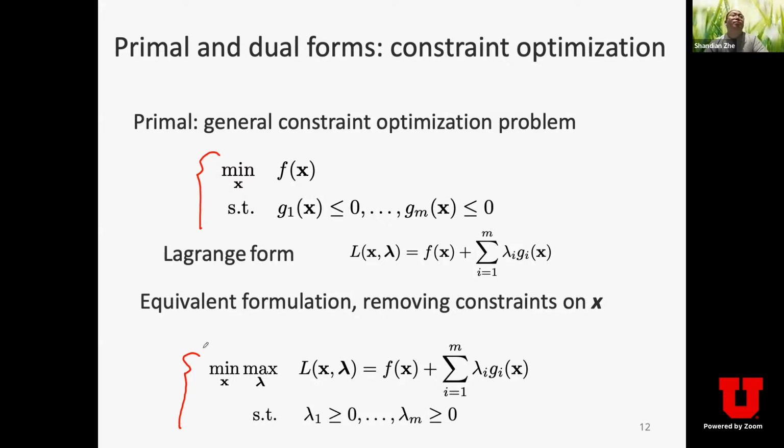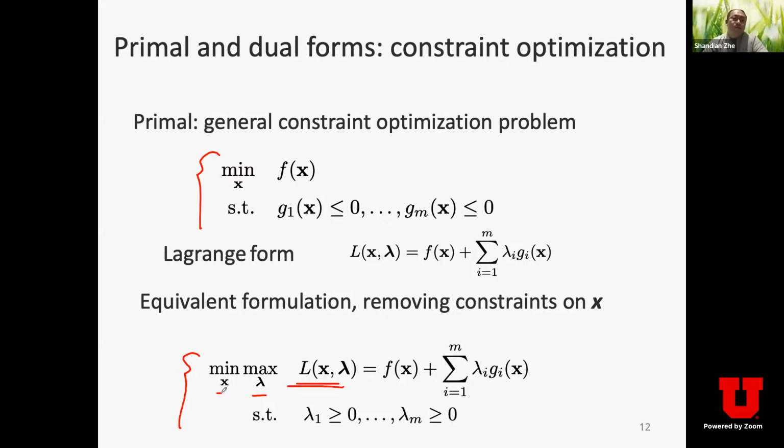It's a minimax problem. The objective function is the Lagrange function, but at the inner level, we maximize the Lagrange function with respect to lambda. At the outer level, we minimize the Lagrange function with respect to x.